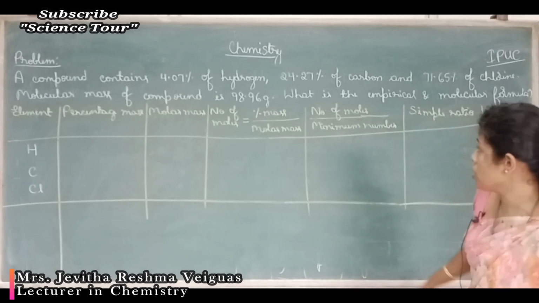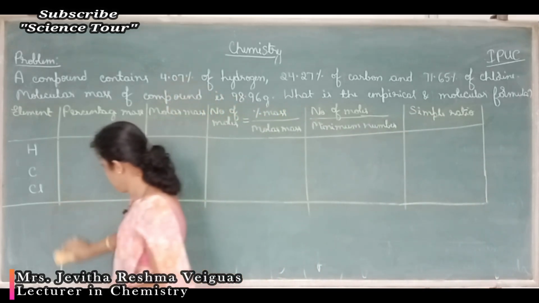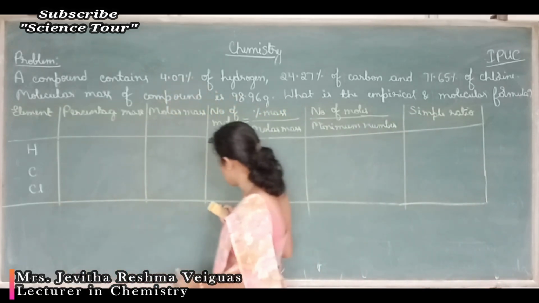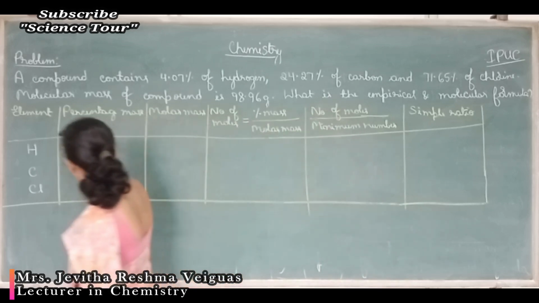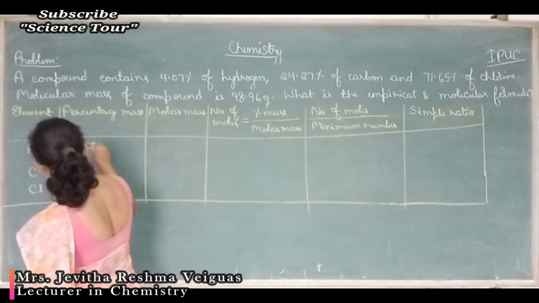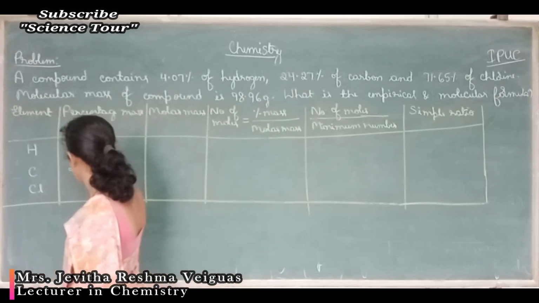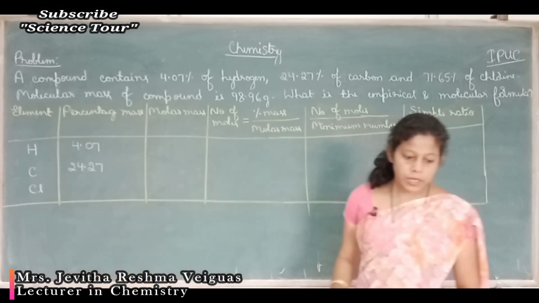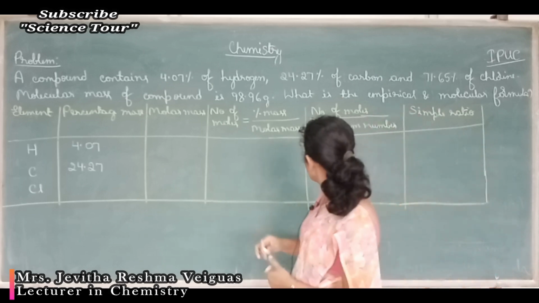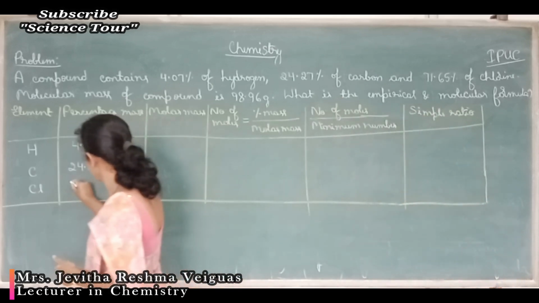Now, for hydrogen, the percentage mass given is 4.07. So let's write its percentage mass in the second column, that is 4.07. The percentage mass of carbon is 24.27. Then the percentage mass of chlorine given is 71.65.